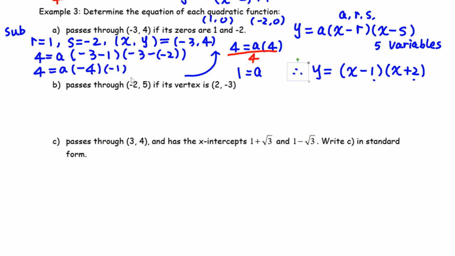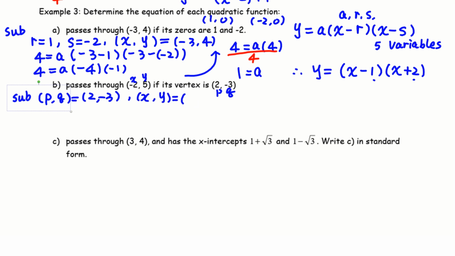So for this one, 1 point given and the vertex given. So you have x, y, p, q to sub in. You need to sub in the 4 given values in order to solve for the one unknown in the vertex form. And (x, y) equals (-2, 5) goes into the vertex form because the vertex is given. y equals a(x minus p) squared plus q.